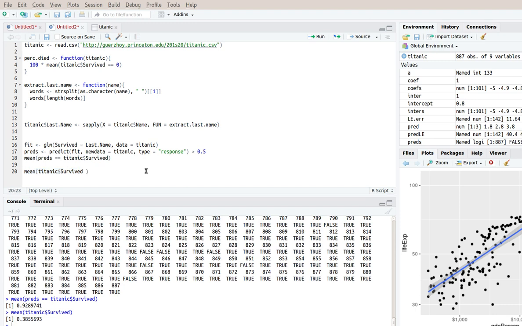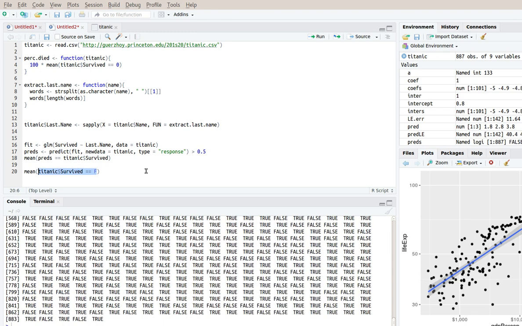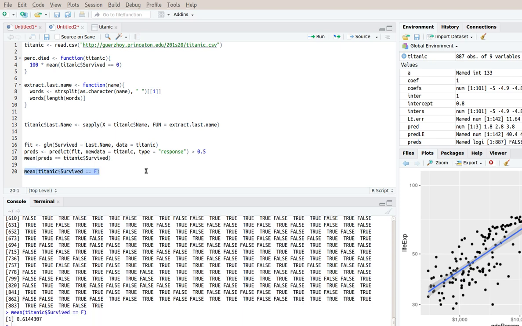So we can do mean of survived equals false. If we predict died every time, this would be true when we predicted died and were correct, and false if we were wrong. So the rate is 62, a lot smaller.